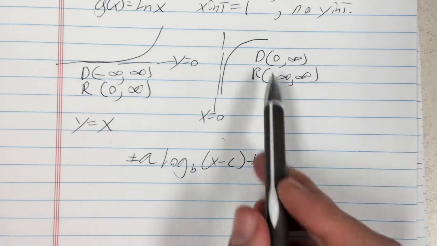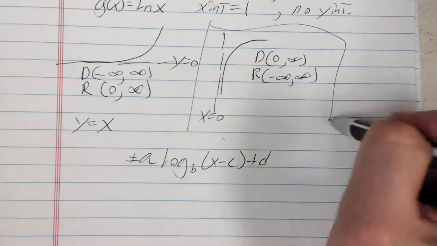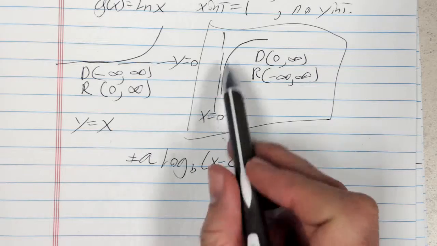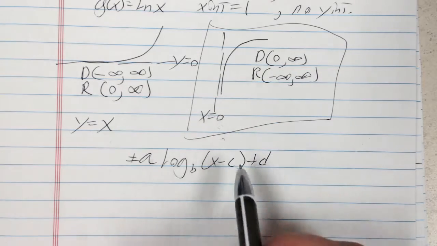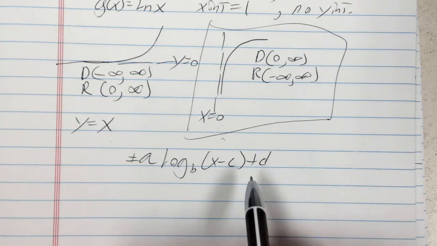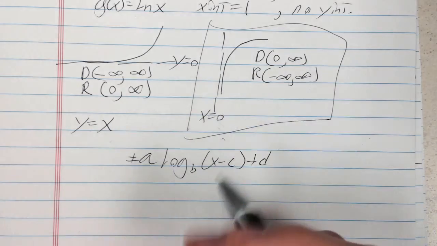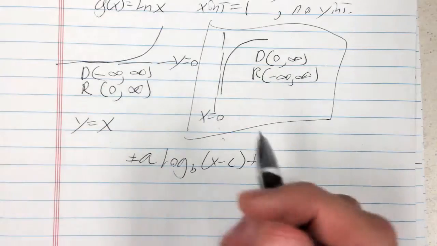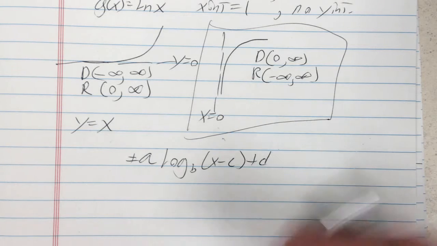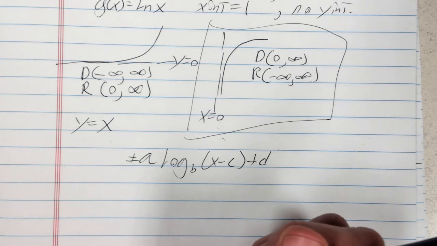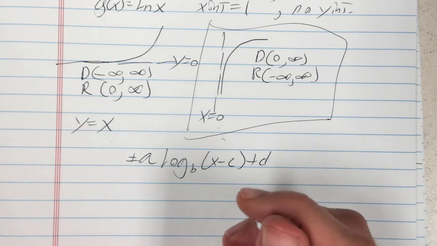So if we're looking at a log, this is the log right here, and we're looking at a vertical asymptote, which one of these variables controls left, right? Not up and down, but what controls left, right? That is the one that's going to control the asymptote. I don't think I necessarily have it on the notes. I'm looking through here.